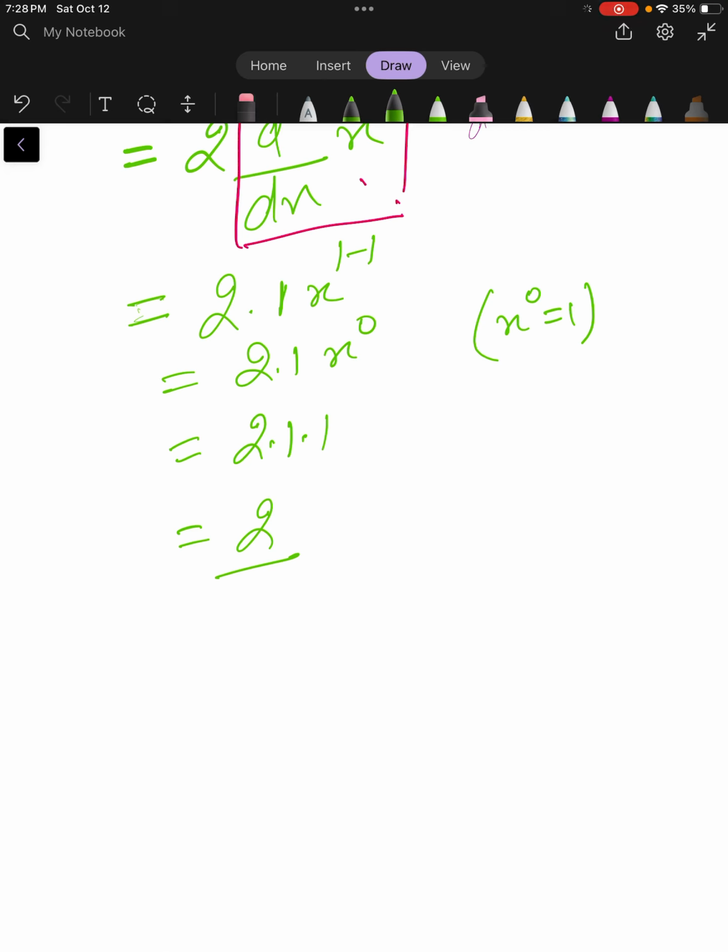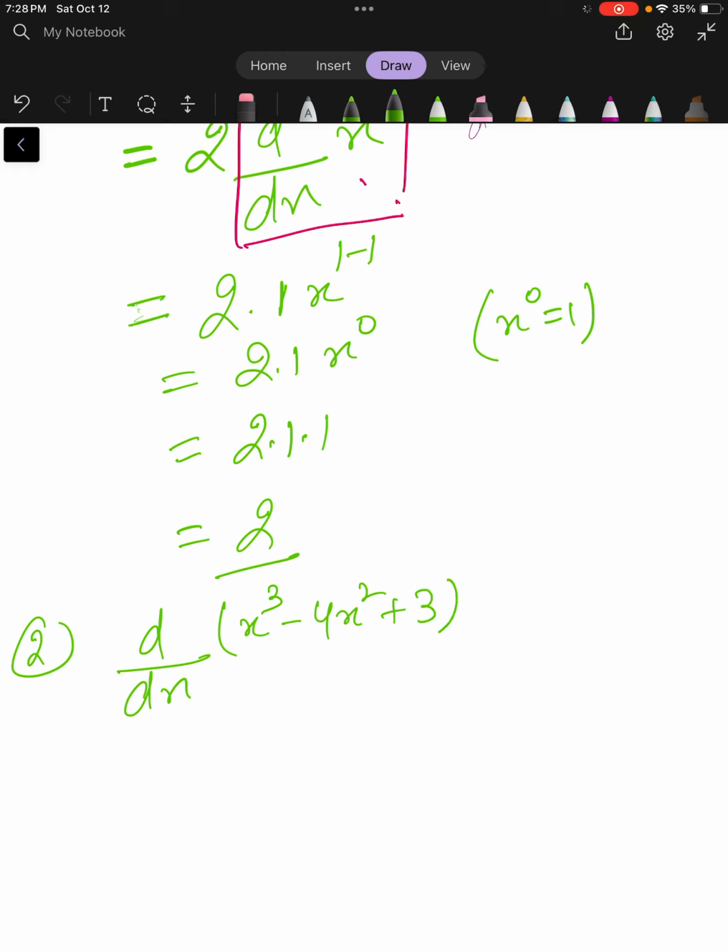Let's take another example. We have to find d by dx of x to the power 3 minus 4x square plus 3.